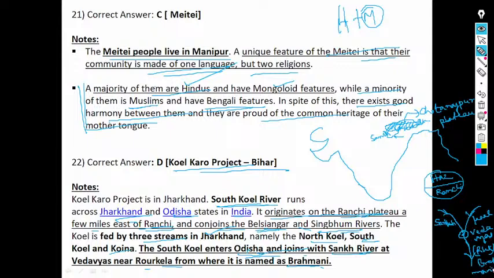The Brahmani flows from here, and because of the Brahmani it is fertile and the Rourkela steel plant is also there.